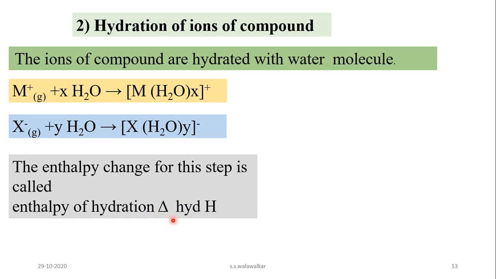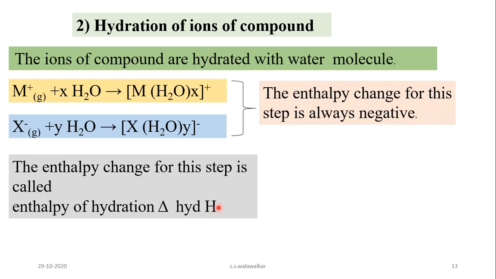It is denoted as delta H hyd, and the hydration enthalpy is always negative. Remember that here the bond between metal and water is formed, or negatively charged ion and water is formed. Therefore, enthalpy change for this step is always negative.